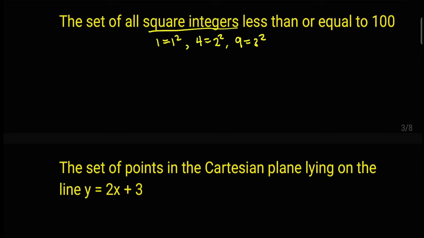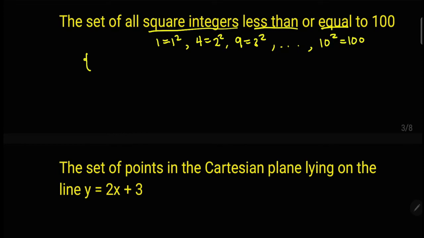But we have a restriction that it's less than or equal to 100. So all you need to do is to get the squares up to 100. That means all you need to do is to get 1 squared, 2 squared, and so on up to 10 squared, which is 100.